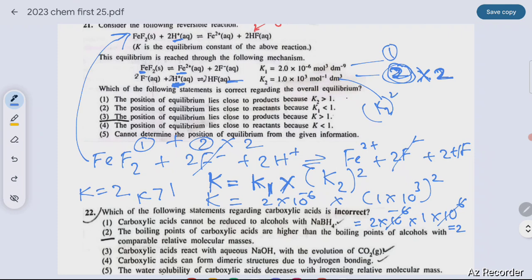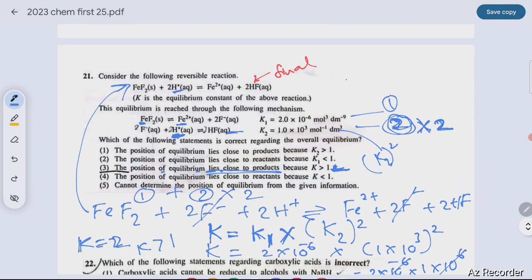Now select the answers with K greater than 1. So this is the only answer we are getting. K is greater than 1. Then see the other one: the position of equilibrium lies close to products. How does it become true? Now here we get K equals 2. How can we find the equilibrium constant?